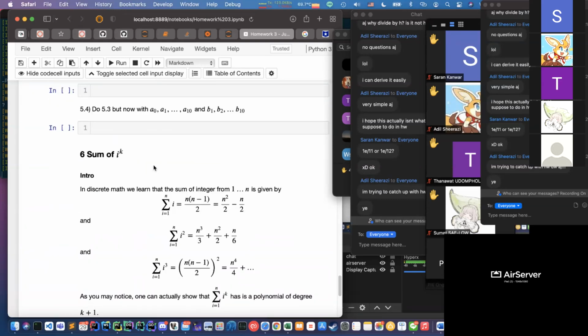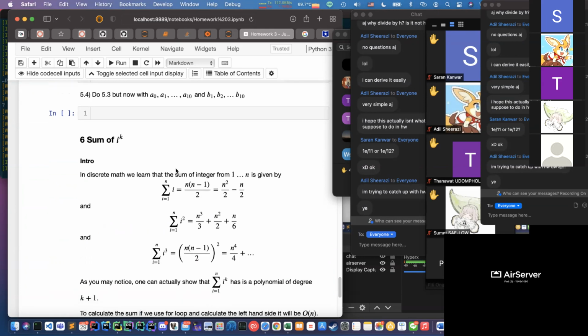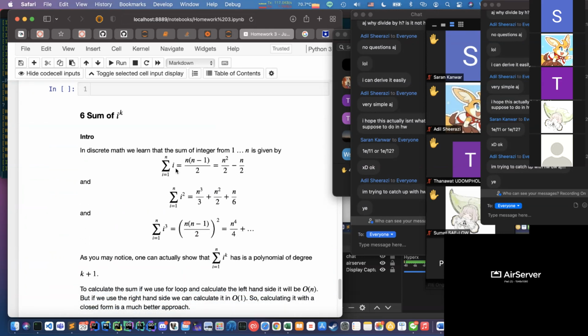And number 6 is a really cool problem, because once you learn discrete math, you learn the sum of i is like n squared, a polynomial of degree 2. Sum of i squared is a polynomial of degree 3. Sum of i cubed is a polynomial of degree 4, which you can believe has to be that way.